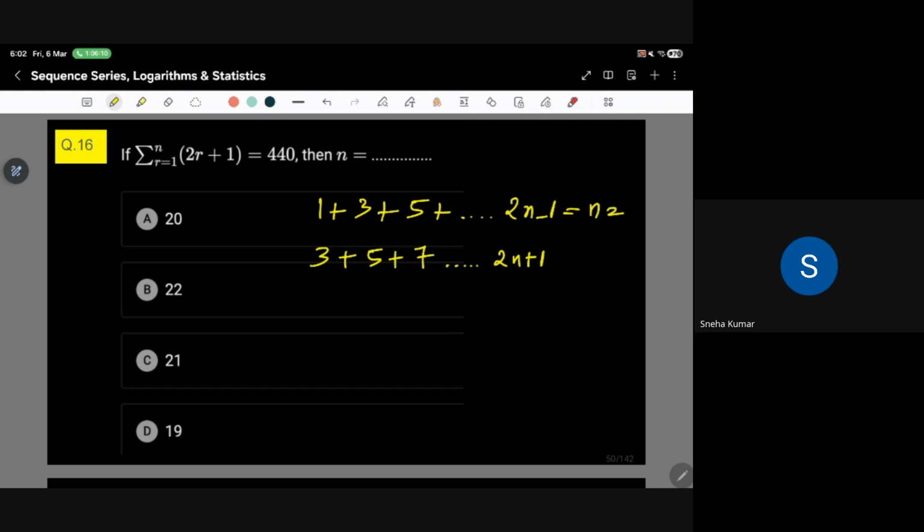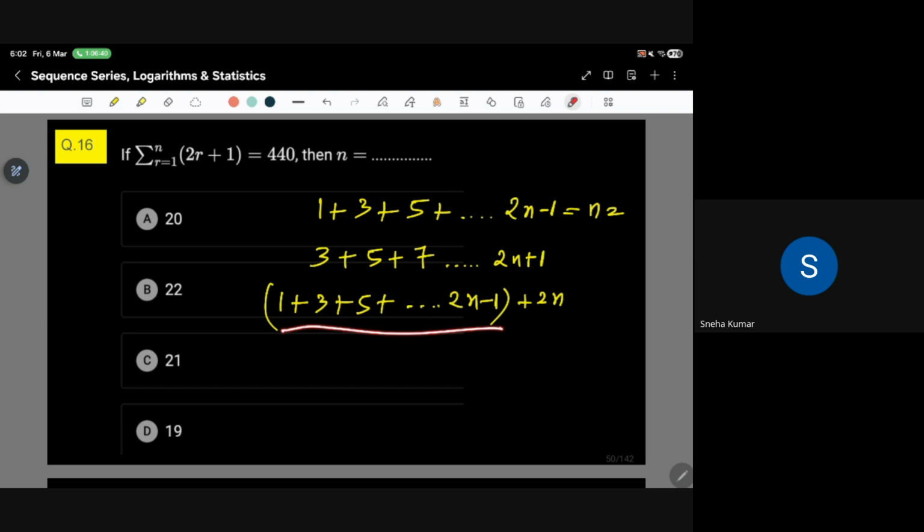Now, as per this formula, our sequence should start with 1. So what we can do is shift that 1 here. So 1 plus 3 plus 5, and before 2n plus 1, there will be 2n minus 1. And since you have shifted that 1 here, it remains 2n.